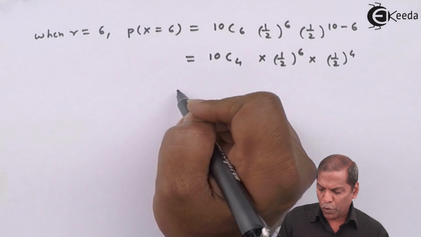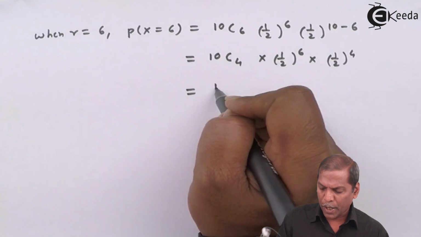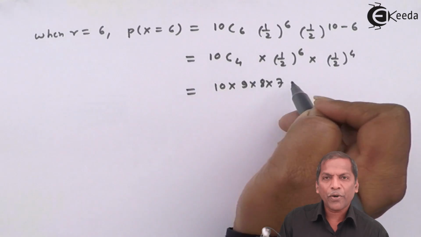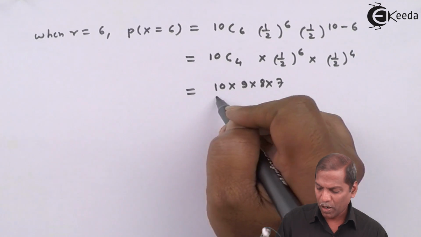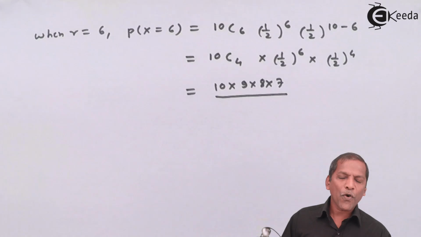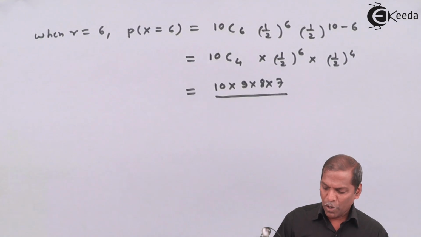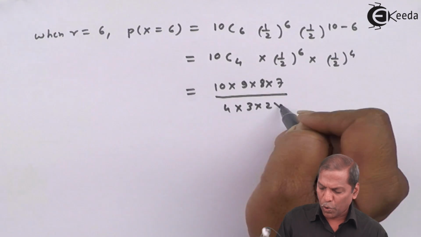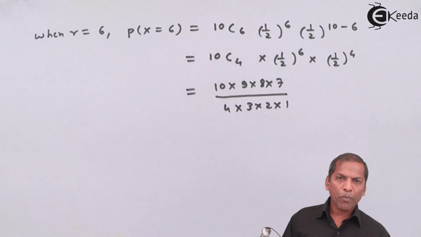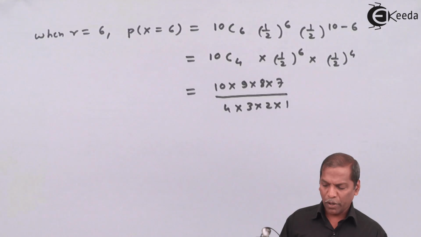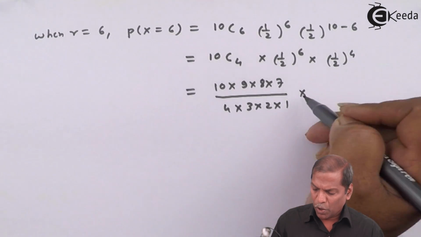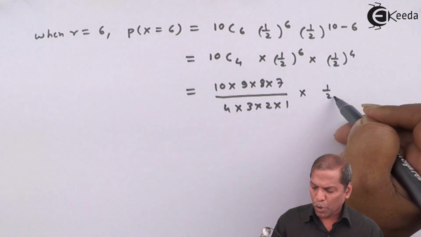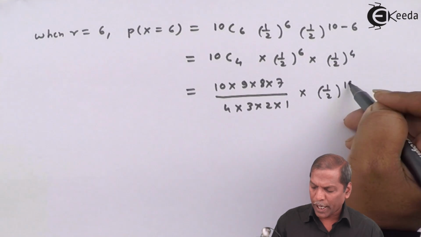Now 10c4 can be calculated as 10 into 9 into 8 into 7, so there are a total of 4 numbers in the numerator, and at the same time 4 into 3 into 2 into 1, so 4 numbers also in the denominator. Then into 1 by 2 raised 6 into 1 by 2 raised 4. So we get 1 by 2 raised 10.